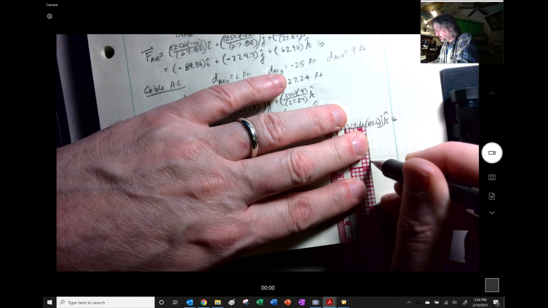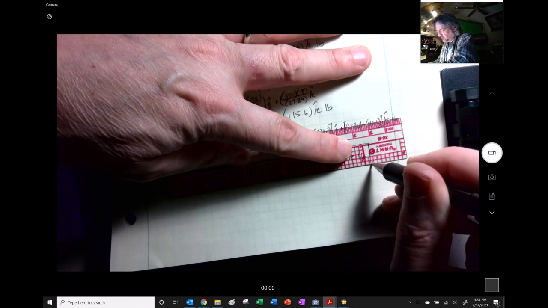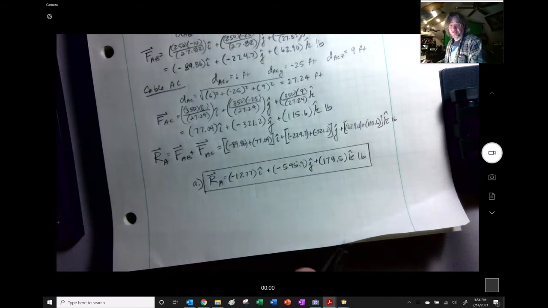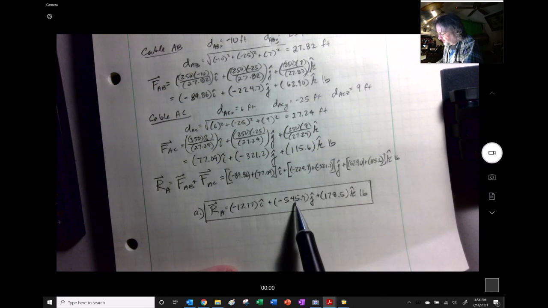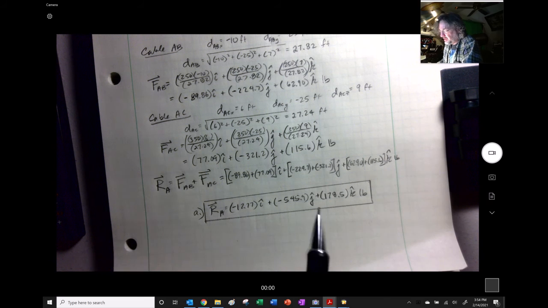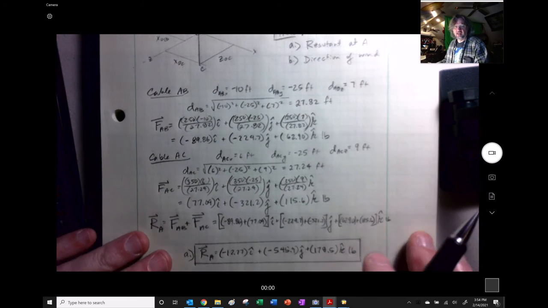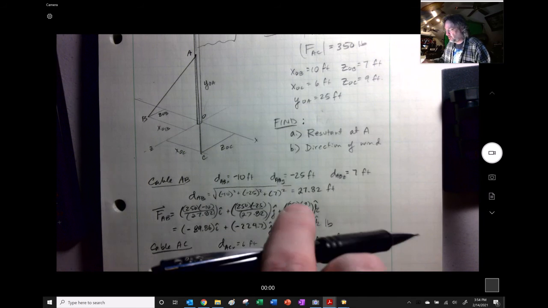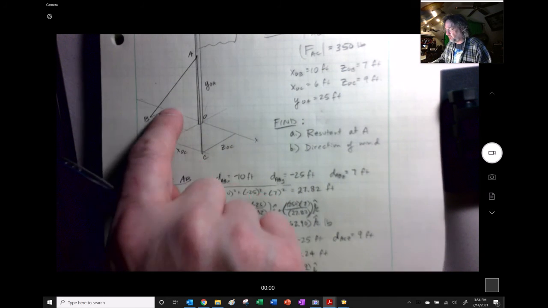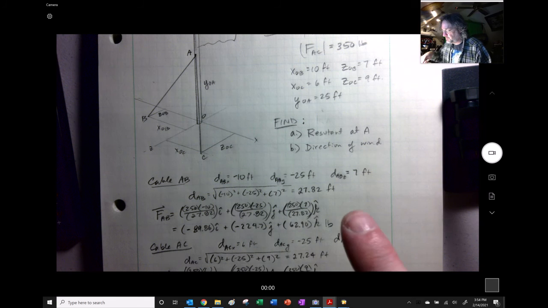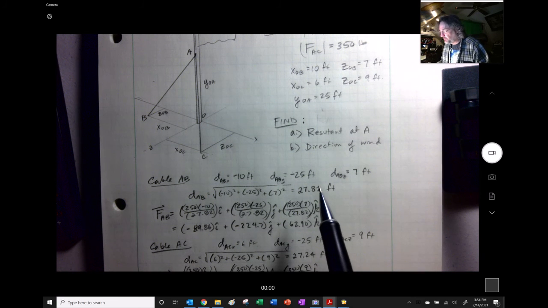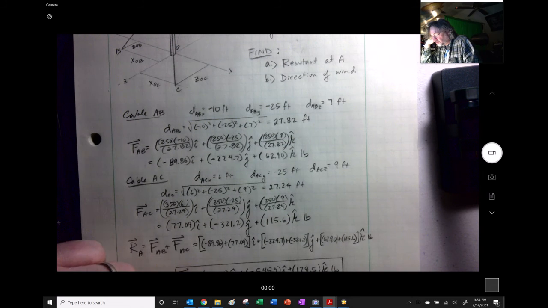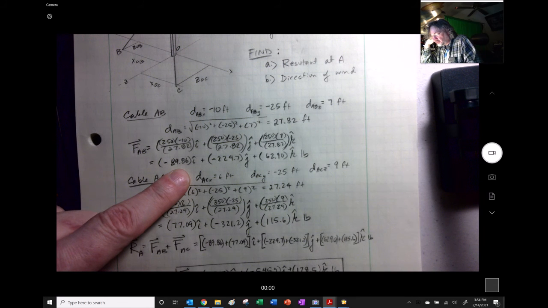Now for that last part right here, we'll try to think our way through this. This is pointing downwards, so this one means that it is pointing in the negative x direction, right there, right? So this one is pulling more than this one, so the wind must be going. No, wait a minute. Let me say this again. Yeah, this is counterintuitive, right?